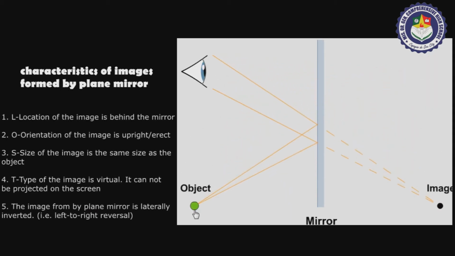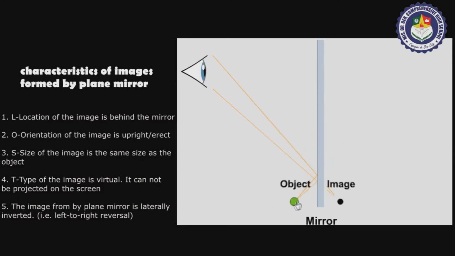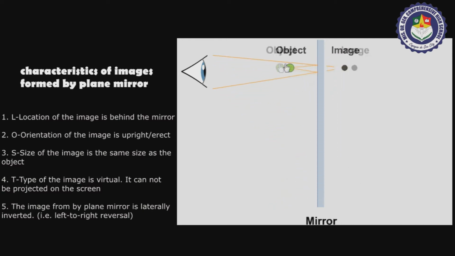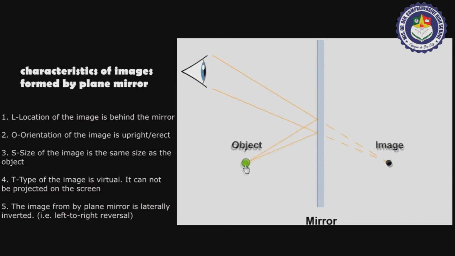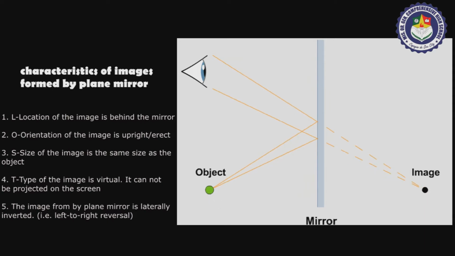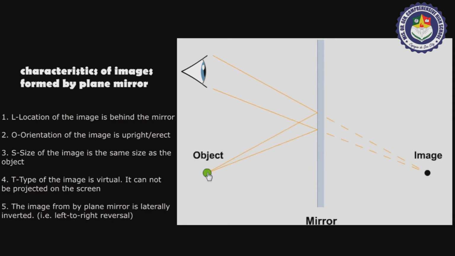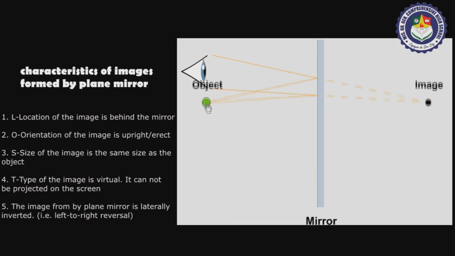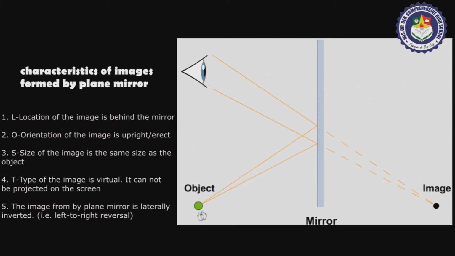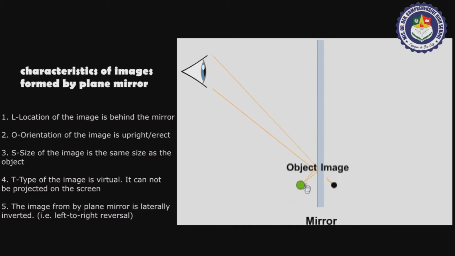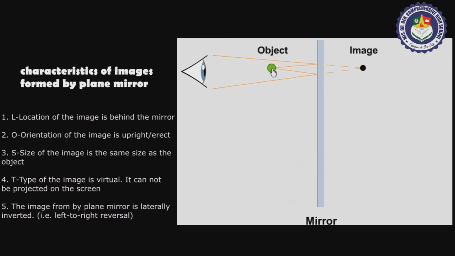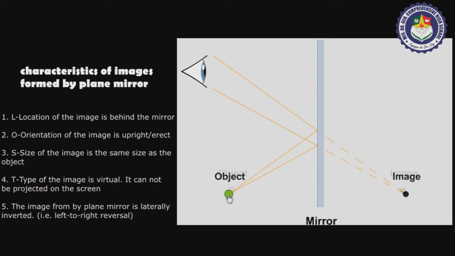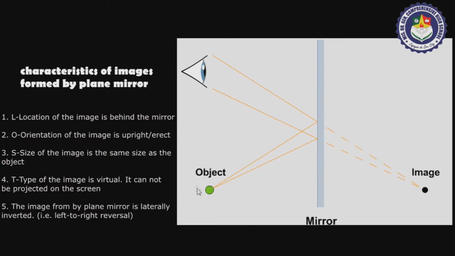1. L. Location of the image is behind the mirror. 2. O. Orientation of the image is upright or erect. 3. S. Size of the image is the same size as the object. 4.